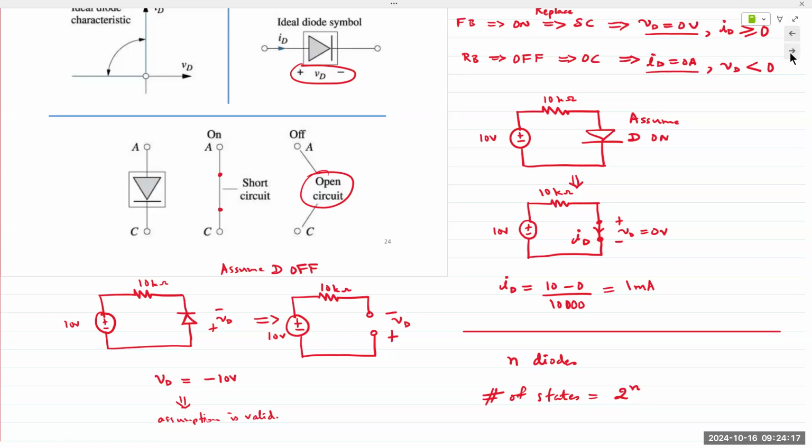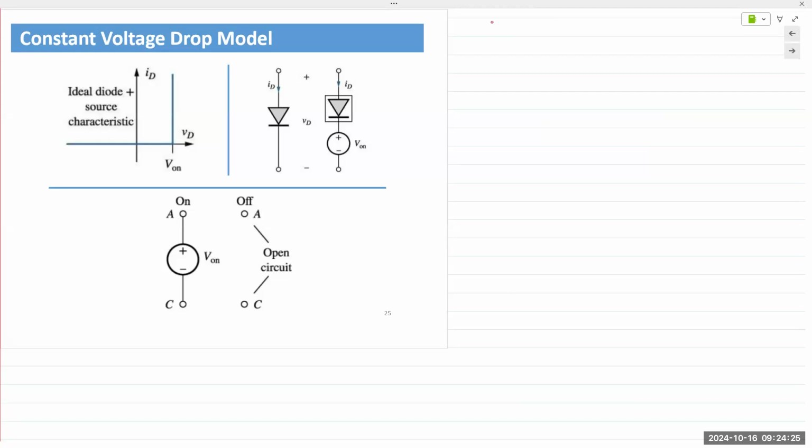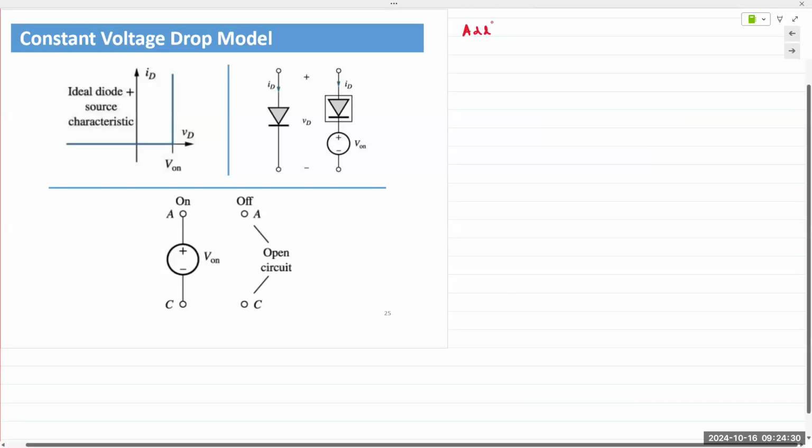Okay. So then we have an extension of the ideal diode model, which is known as the constant voltage drop model. In the constant voltage drop model, we are adding in the turn on voltage to the ideal diode model.